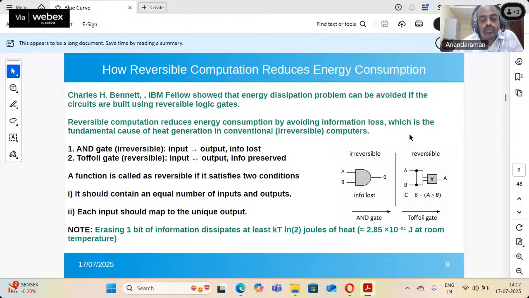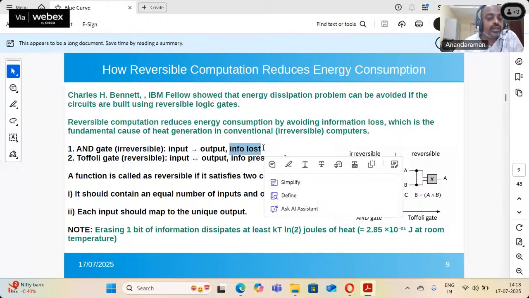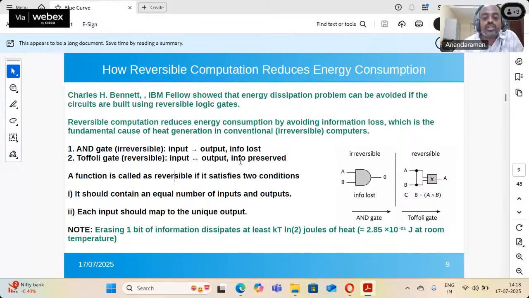If you build a circuit with reversible logic gates, then the energy that is unnecessarily wasted as heat we can conserve, and the computer will take very little electricity. In an AND gate, two inputs and one output, so information is lost. In the Toffoli gate, input and output information is preserved. The total number of inputs and outputs is the same in reversible computing, so the heat and energy waste is removed and overall it takes less energy.